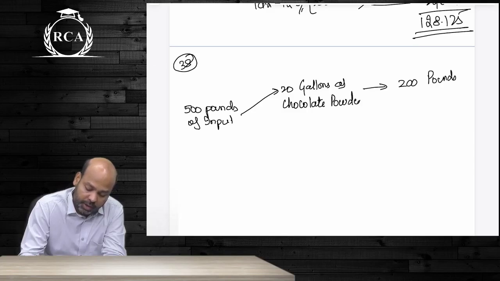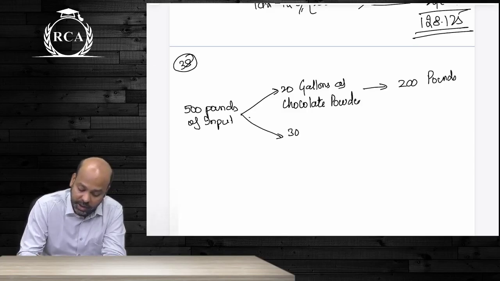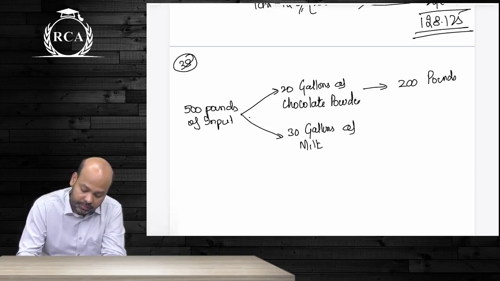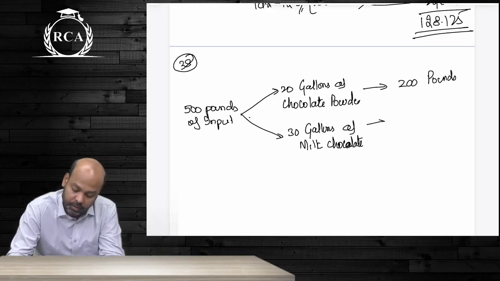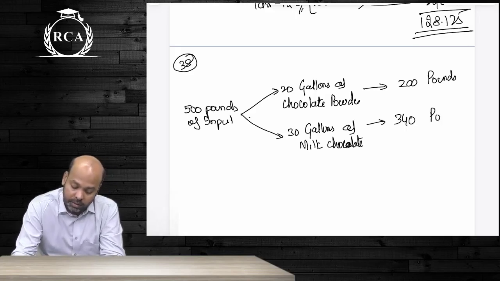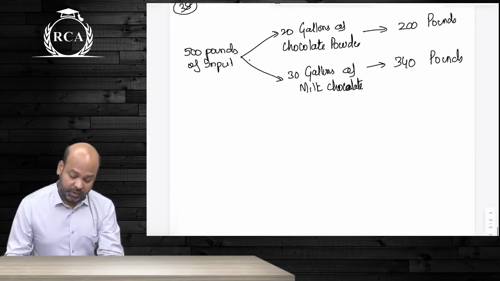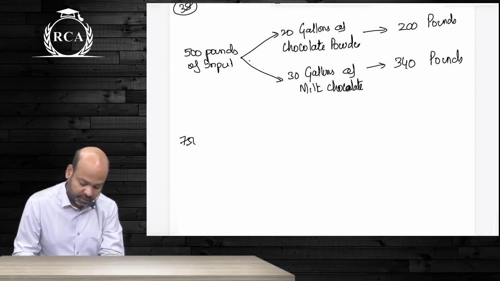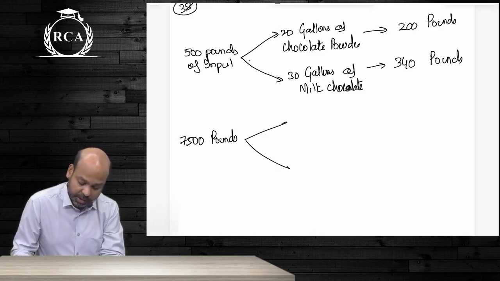You will get 200 pounds later. And this is 30 gallons of milk chocolate liquor base, which will become how much later? 340 pounds. This is the input output ratio. But what is the actual input that you have used? Now tell me, how many gallons of chocolate powder liquor base are you supposed to get?